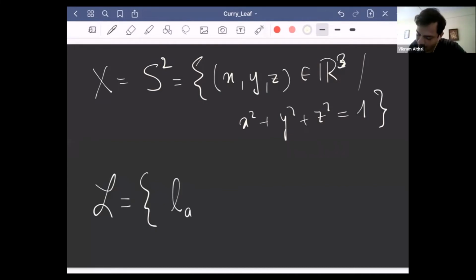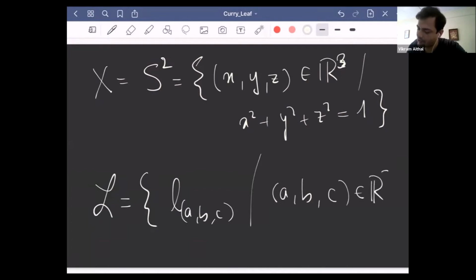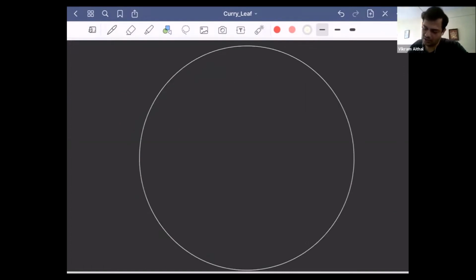This is the set of all L_{A,B,C}, where (A, B, C) is in R3. Now, what is this ABC fellow? So what is this L_{A,B,C}? What am I doing?